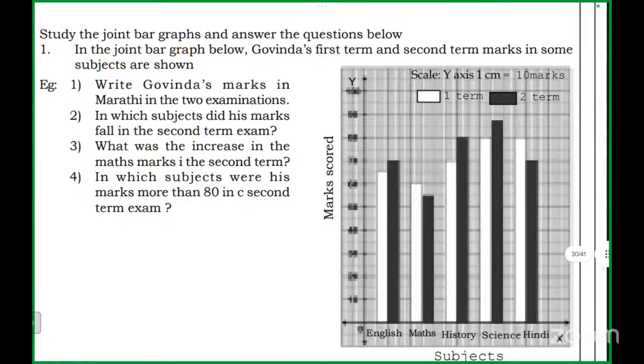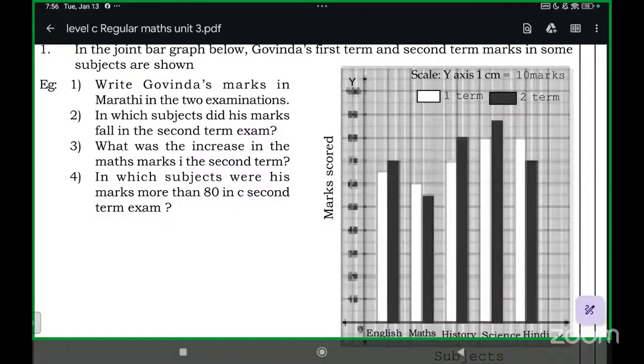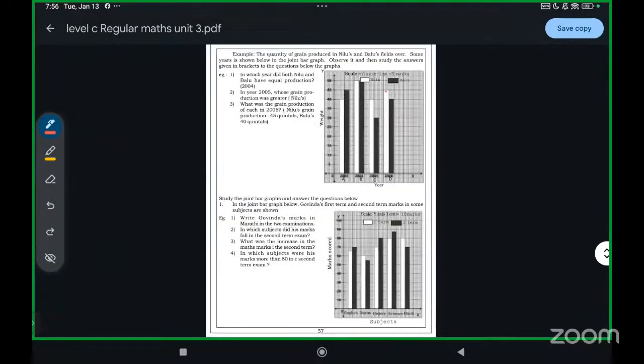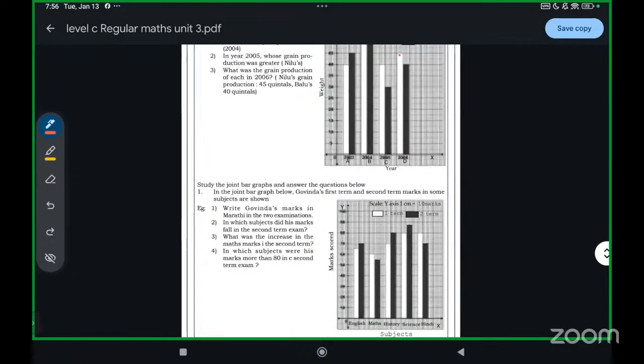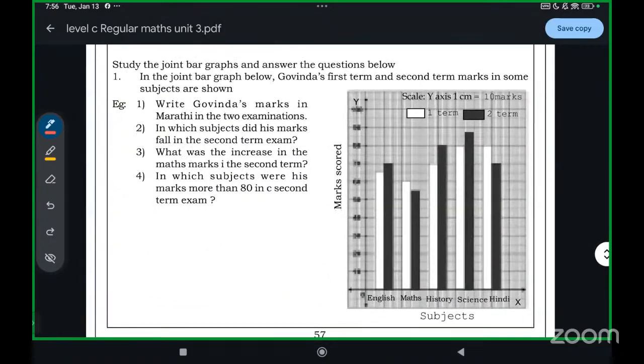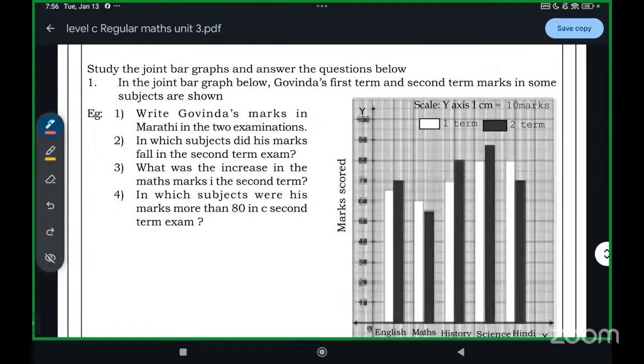The scale 1 centimeter is equal to 10. So the scale is 10, 20, 30, 40, 50, 60, 70, 80, 90, 100.